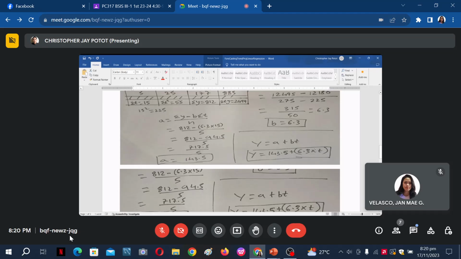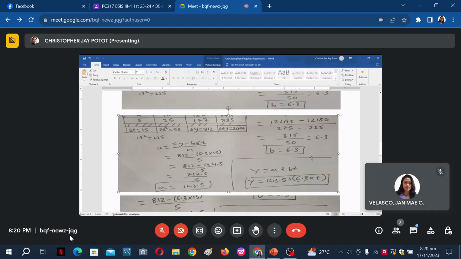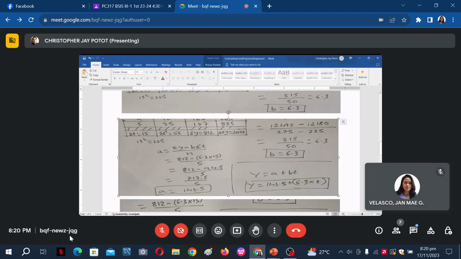To complete the formula, y equals a plus b times t. So we plug in the values that we found: y equals a, which is 143.5, plus b, 6.3, times the time, t. This t is also the example of our independent variable, or let's just say the week.